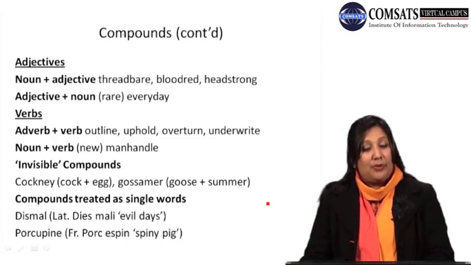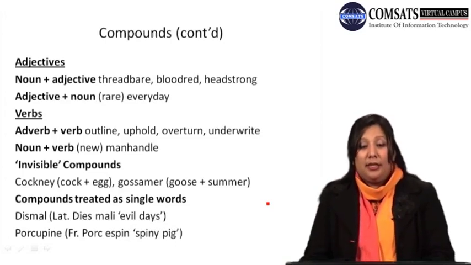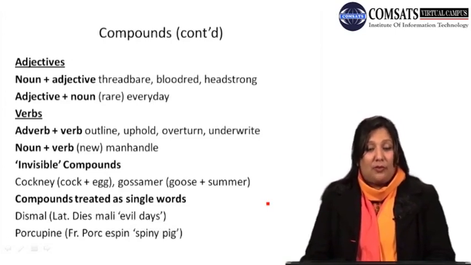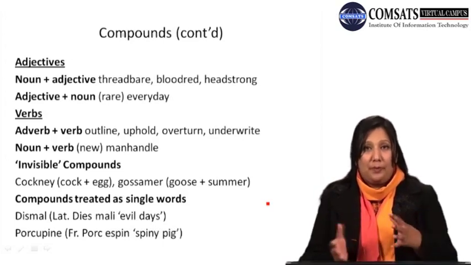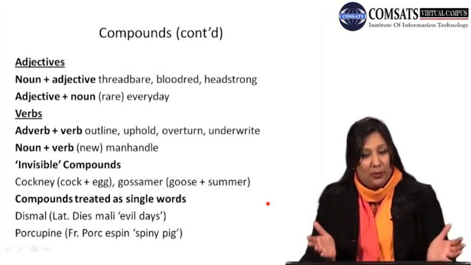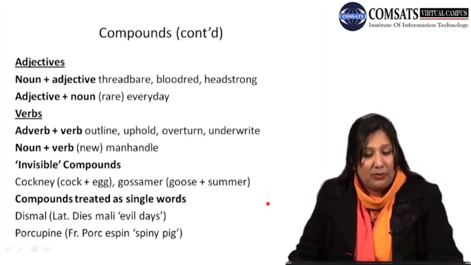Then there is another example within the verbs, that of nouns plus verbs. It was again a new category. For example, look at the word manhandle. Man is a noun and handle is a verb. Manhandle makes the noun plus verb category, and it makes some new words. There are some invisible compounds as well.